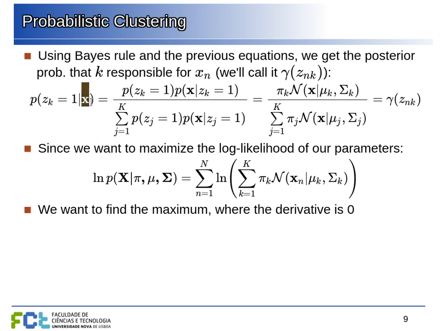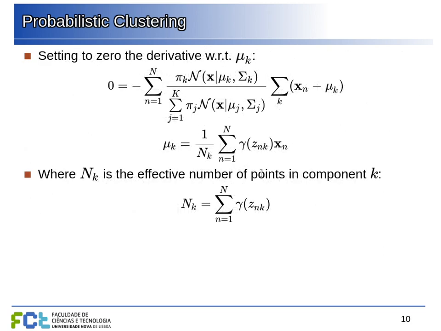So given the coordinates, this gamma that we computed here is the probability that the point belongs to cluster K. So this is telling us how much each point is weighting on the central point for cluster K, and we are averaging this by normalizing with the sum of all of these contributions, so all the probabilities of all the different points having come from cluster K.